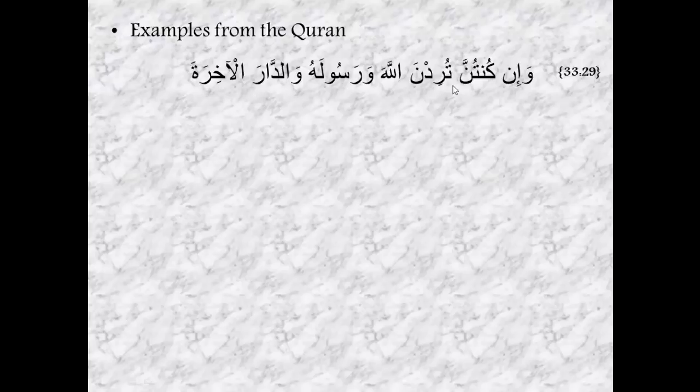Because the address is to the wives of the Prophet, which is a group of women, we have conjugation for antunna, turidna. Now this verb is slightly trickier because number one, it's a form 4 verb, arada yuridu. And number two, this verb is what we call ajwaf or hollow.